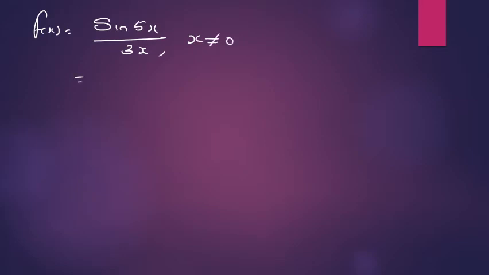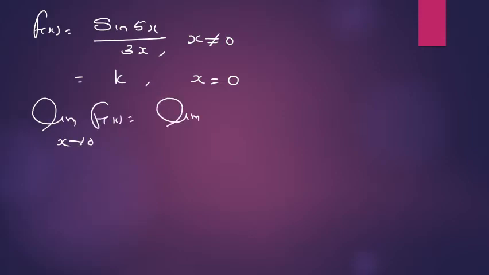Next, find the value of k such that the function is continuous at x equal to 0. So you find out the limit as x tends to 0 of f(x).